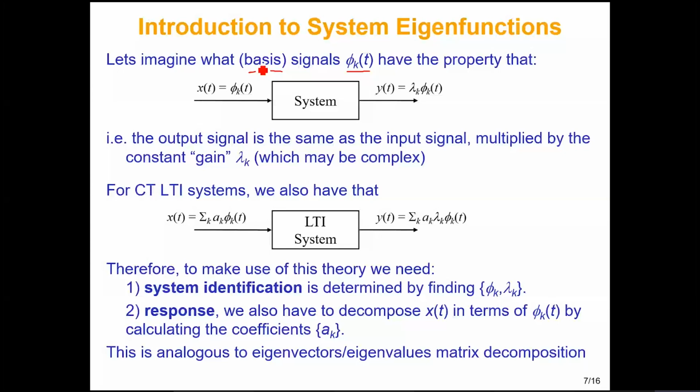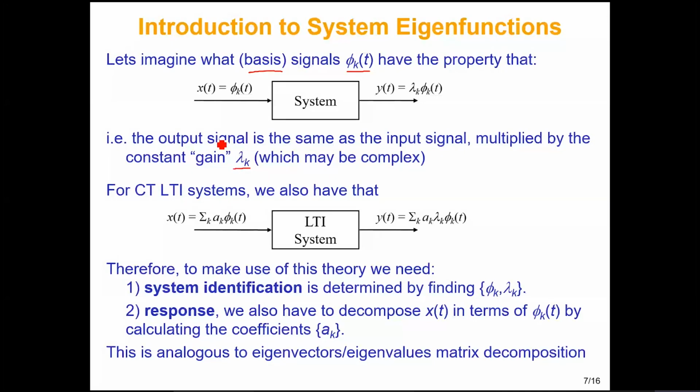So we have to first of all see which basis functions can be eigenfunctions, or somehow identify eigenfunctions which can be used as basis functions. And if we can do that, then we know what an eigenfunction is. Input of an eigenfunction to a system results in that eigenfunction multiplied by its eigenvalue. So the output for an eigenfunction or signal is the same as the input multiplied by some constant or some factor lambda.